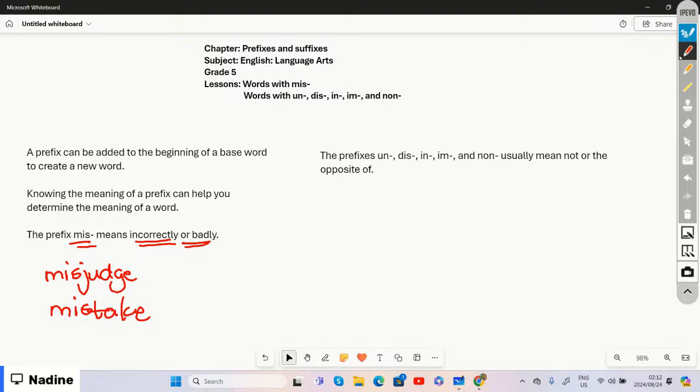And then we also have misled, where you're leading me astray, incorrectly, doing badly. Misread a word means that you read the word incorrectly.